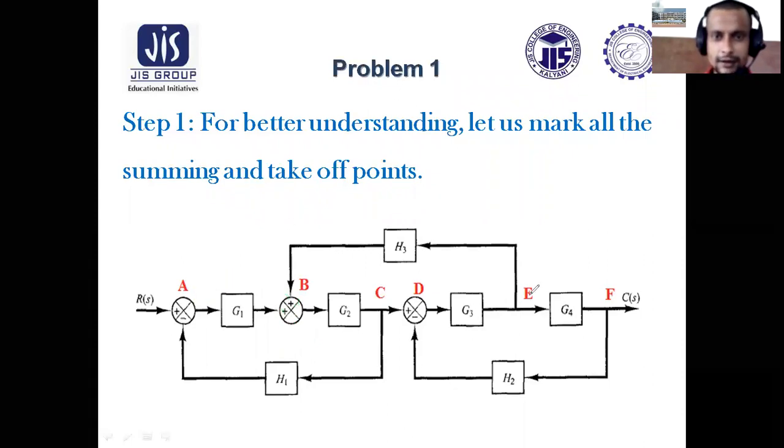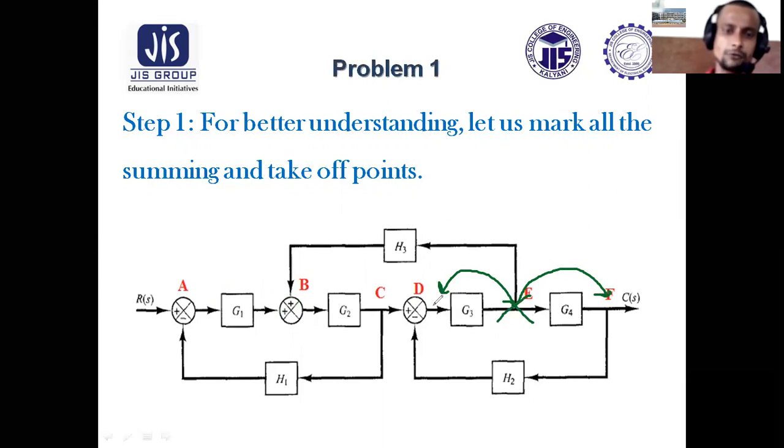Similarly, we can shift this takeoff point before G3 or after G4, anything. If this takeoff point is shifted, then this takeoff point will not be there, which will make a series connection between G3 and G4. Likewise, it is up to us what we need to do. Someone can opt for shifting the takeoff point before G3.